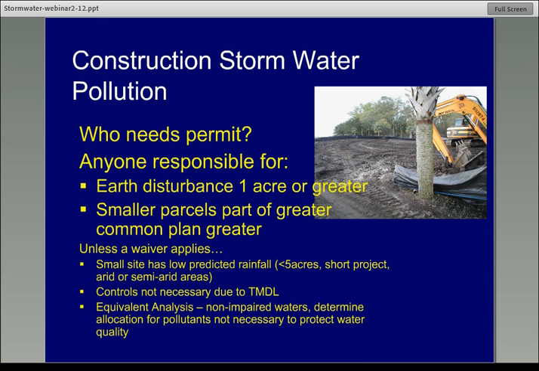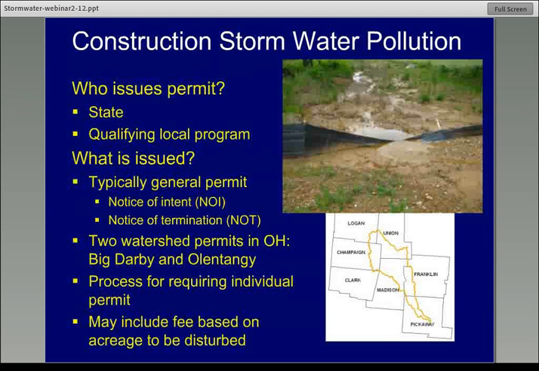So people can get out of it, but they have to demonstrate several things. And so if someone says that they're applying for a waiver because they have less rainfall, or they're in a semi-arid area, or somehow the controls are not necessary because a TMDL is in place, I would really encourage you to look into the documentation they've provided and make sure that they've done their due diligence and that it's a truthful application of a waiver, because it is legal.